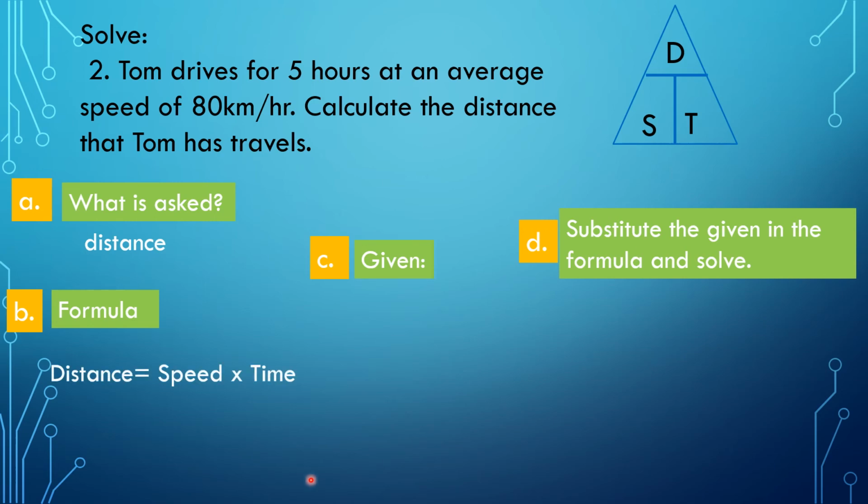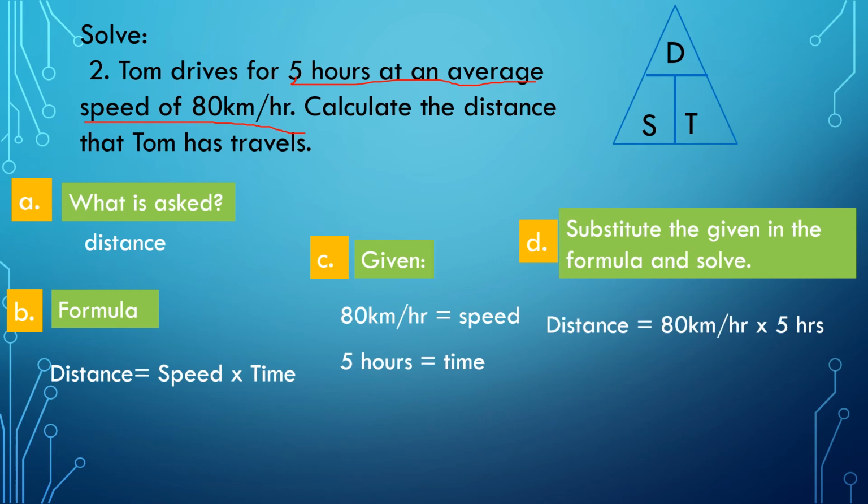What are the given here? So we have 5 hours, that's the time, and the average speed is 80 kilometers per hour. So 80 kilometers per hour, that's the speed, and the 5 hours, that's the time. So what we're going to do is substitute in the formula.